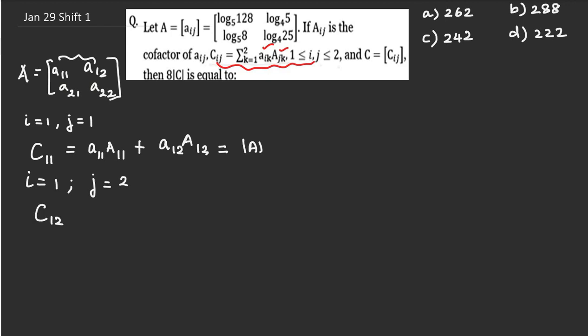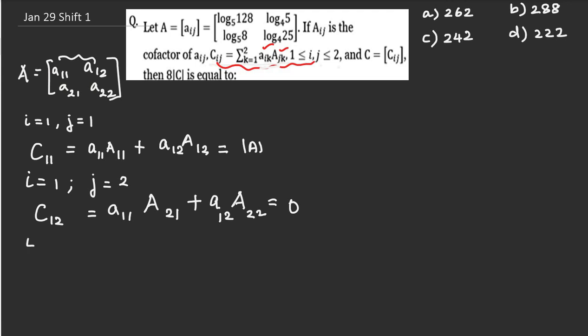Then the cofactor C12 will be A11 with A21, plus A12 into its cofactor, that is j equal to 2 and k equal to 2. Now the sum of products of any row with any other row of the cofactor is equal to 0.